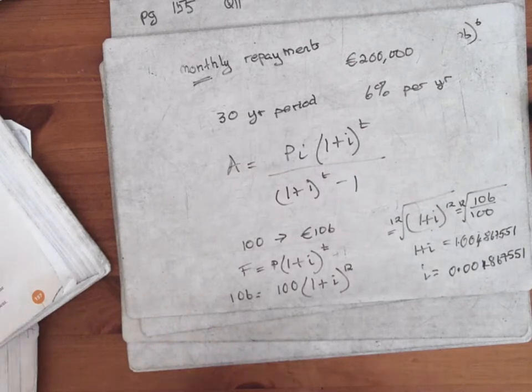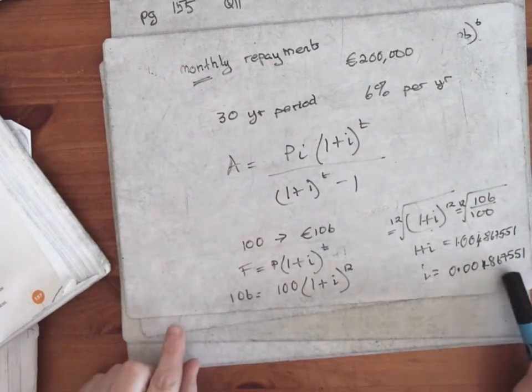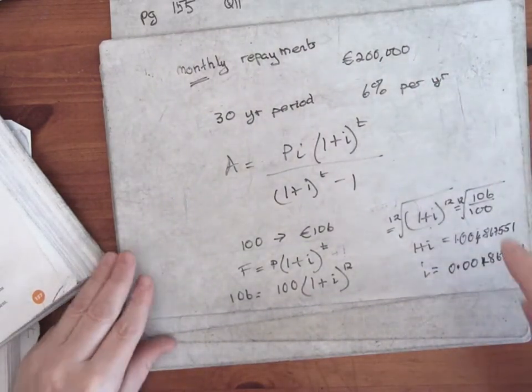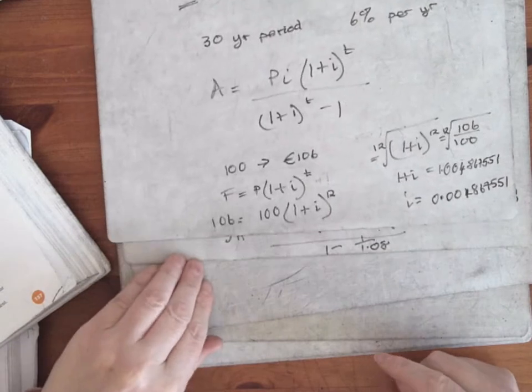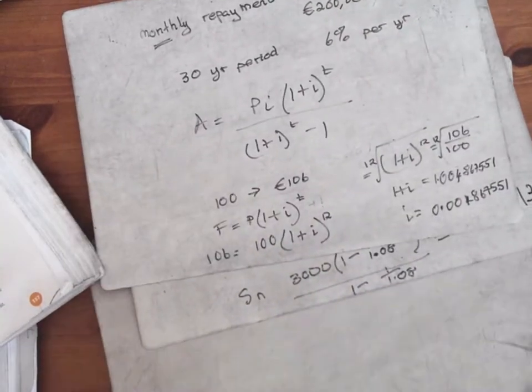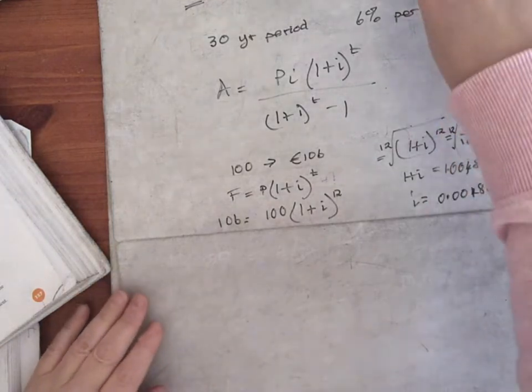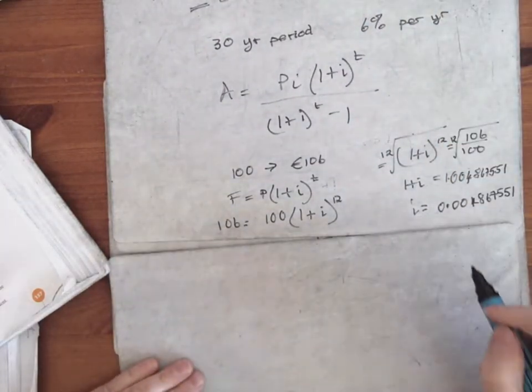And sometimes they penalise if you're out by a couple of cents, if not more, if you dropped all the decimal points. So keep in as many as you can, unless they tell you to round, obviously. But if they don't tell you to round, I'd keep them all in. Okay, so there's my monthly interest rate.